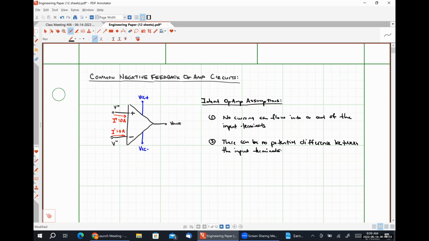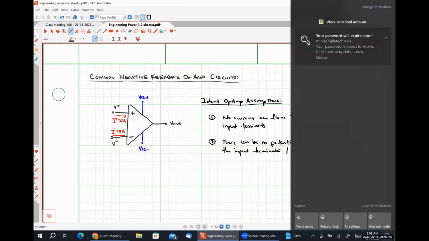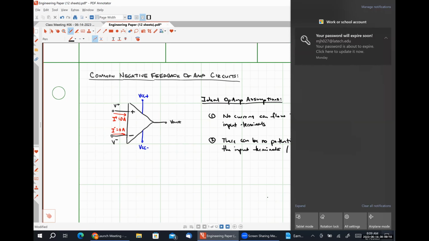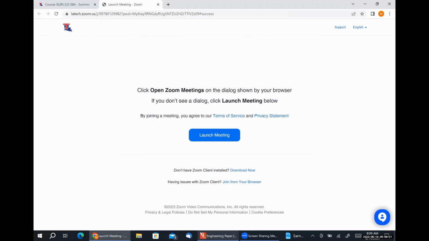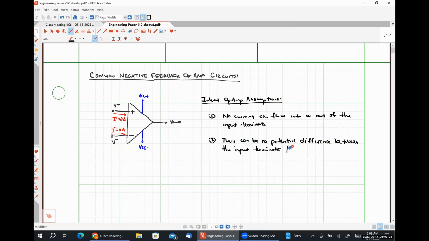And a common way to state this is to say that our voltage present at our non-inverting input terminal V plus must be equal to the voltage present at our inverting input terminal V minus. As was discussed in the last video for the last class meeting, this voltage constraint comes about from applying negative feedback with a very, very large open loop voltage gain.